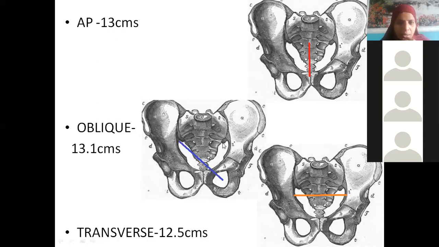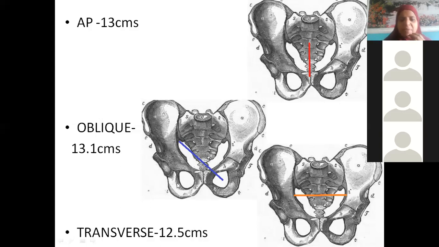Similarly, the greater sciatic notch of the left side to the pubic tubercle of the right side. Both sides will have dimensions, but for our convenience only one side is shown. So how much is this? 13.1. Okay, so this is the oblique diameter.